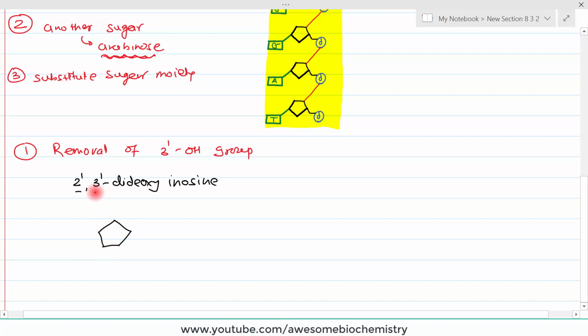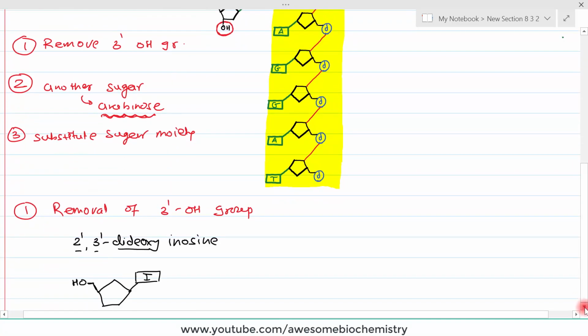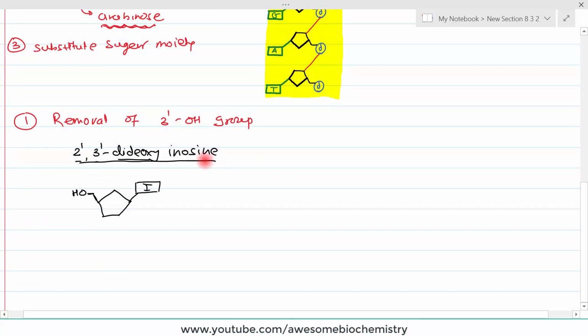Okay, so it's a 2', 3' dideoxy, and inosine means this inosine nitrogenous base is present. And remember, this is a nucleoside, so here the OH group is there. I will tell you how it will be able to convert into the nucleotide, right? So this is 2' 3' dideoxyinosine.